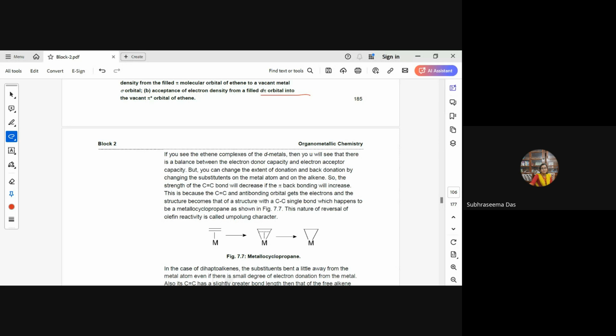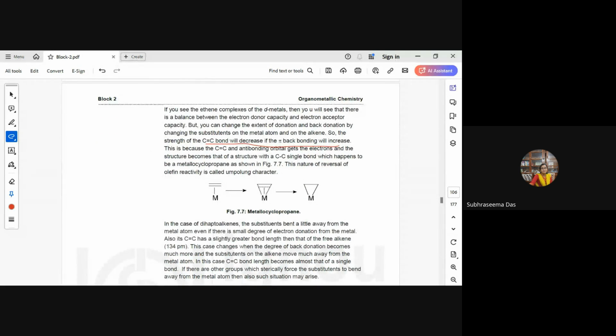So the strength of the C double bond C will decrease if the pi back bonding increases. When we decrease the strength of the C double bond C, that further increases the pi back bonding, and this reversal of the ethene reactivity is called its Umpolung character.